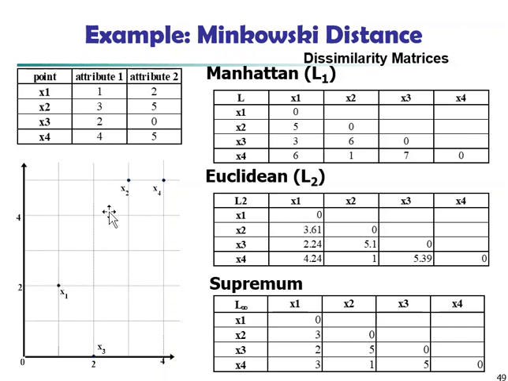That's Euclidean distance, which is basically the length of this line between x1 and x2. The supremum, remember, was the maximum value of any of those attributes. So here the distance for this attribute is 2. For this attribute, the distance is 3. Therefore, the supremum distance between x1 and x2 would be 3, which is documented here.